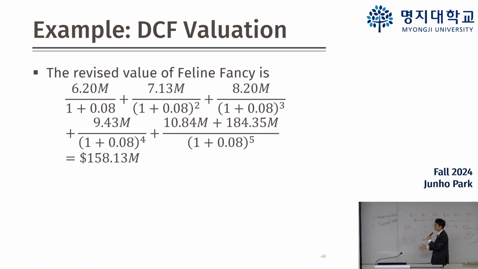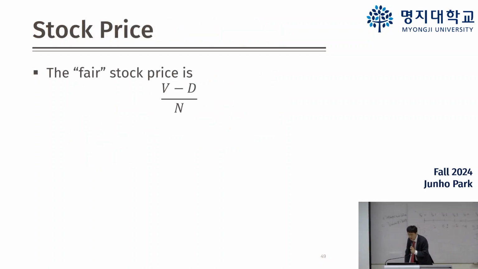However, generally, in most of the cases, what you want to get is not the enterprise value itself, but the stock price. Because from the point of view of investors, what you are very interested in is the stock price. So therefore, from this enterprise value, you should get the stock price, and that can be easily obtained if you remember this equation.